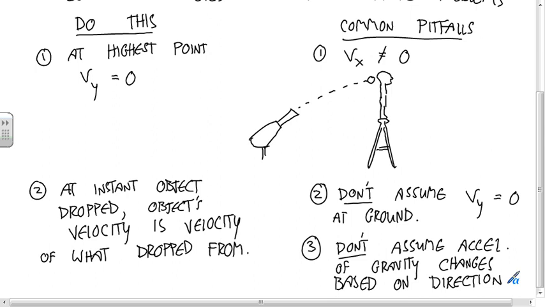If the object's going down, the acceleration of gravity is down, 9.81. Same thing in two-dimensional kinematics. No matter what's going on, the acceleration of gravity for free fall problems is 0 for the x component and negative 9.81 for the y component.